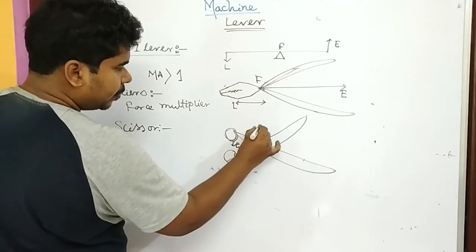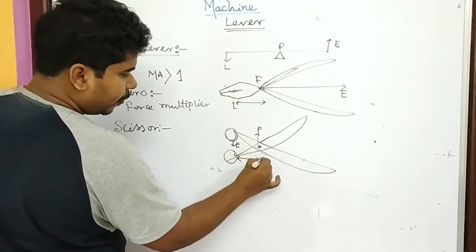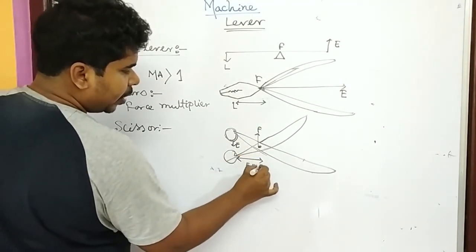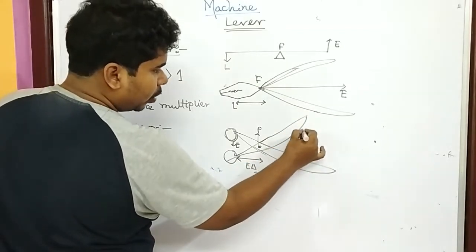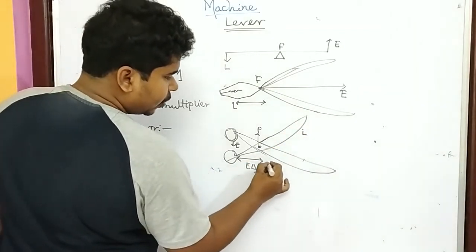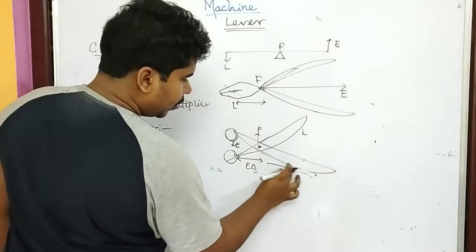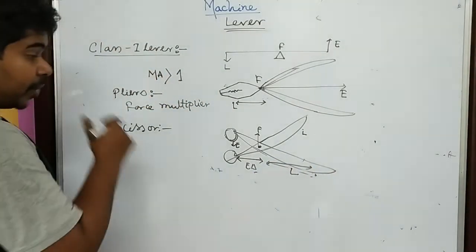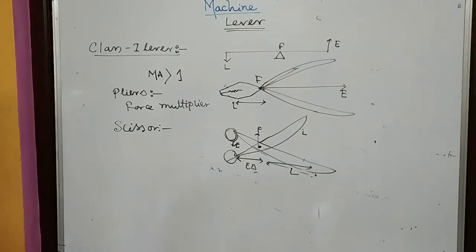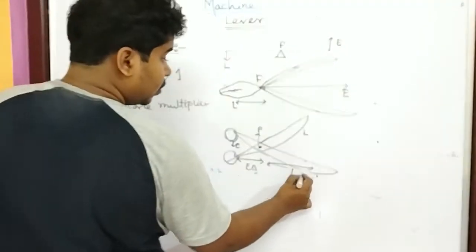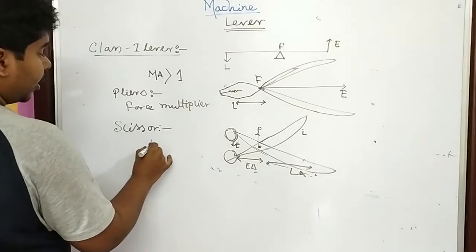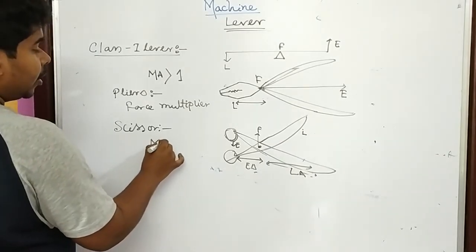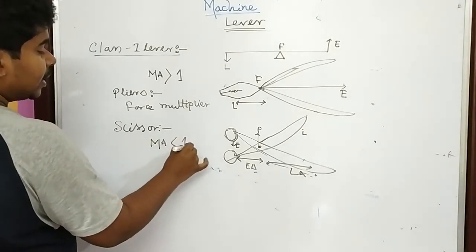This is the fulcrum. So this is your effort arm, EA, and here you have kept a load in any position. That is the distance of your load. So here clearly the load arm is greater than the effort arm. That means mechanical advantage is less than 1.